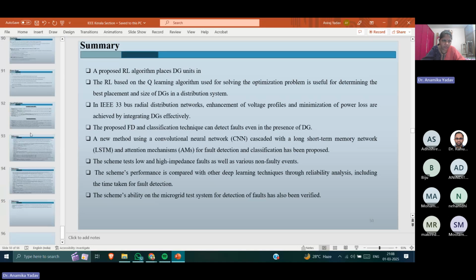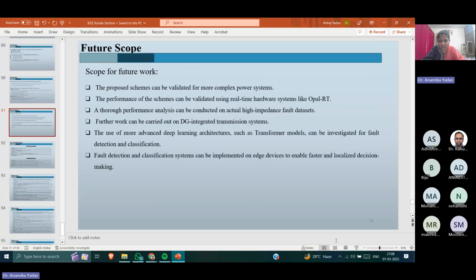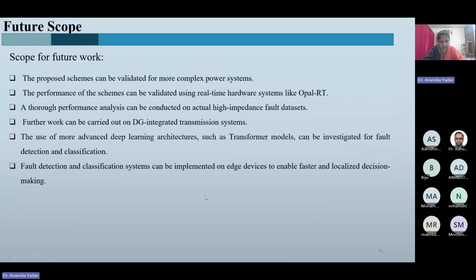I will show a few of the publications and the final conclusion. What else can you do? I would suggest you work on a more complex power system network. If you get the data set for a real power system network, then simulation of such systems can be done using MATLAB or PSCAD and validated in that.